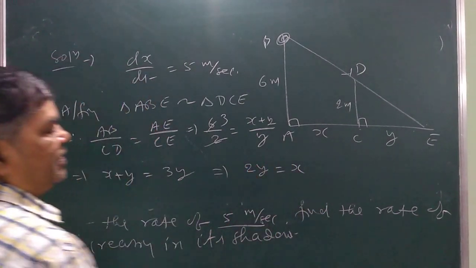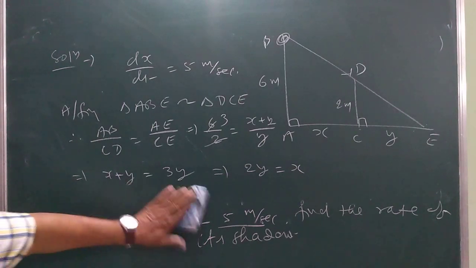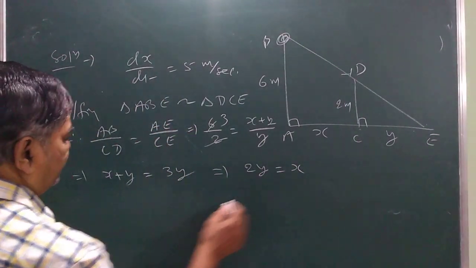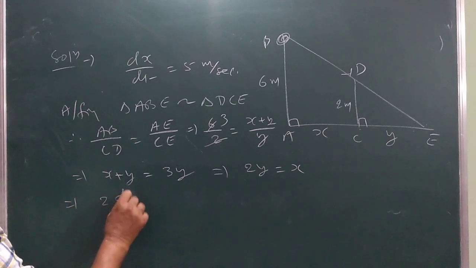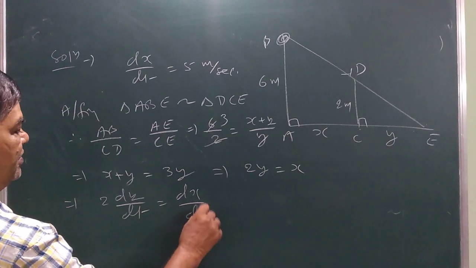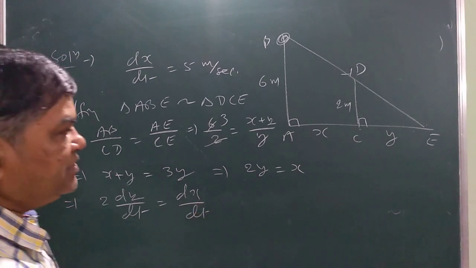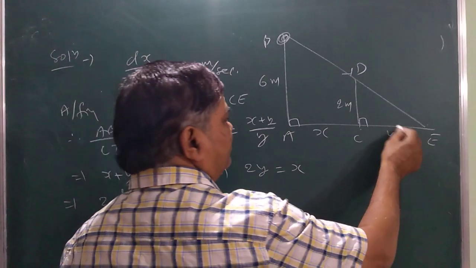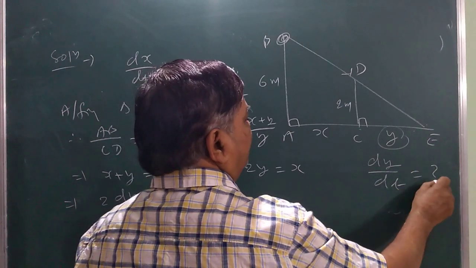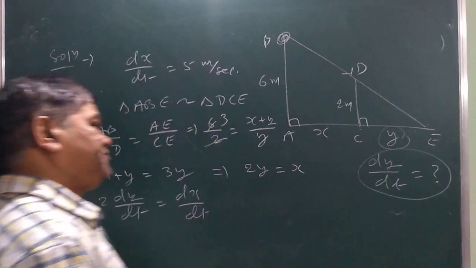Now you find the derivative of this function. By taking the derivative with respect to time, this is 2 dy by dt is equal to dx by dt. So what is the rate of increasing of the shadow? The rate of increasing of the shadow is dy by dt. This is to be found.